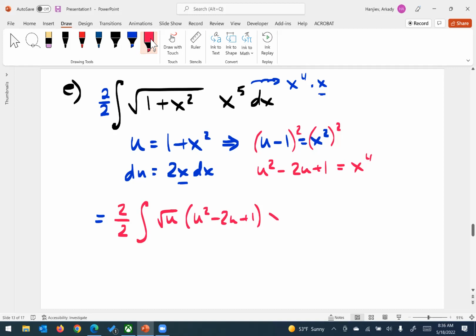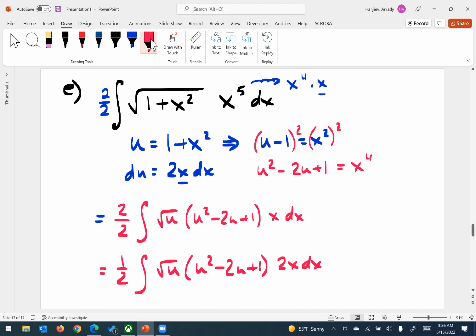And then this x is a leftover because I want that 2 in there. So now let's see, 1/2 substitution of u squared minus 2u plus 1, 2x dx. Now I can substitute my variable in.